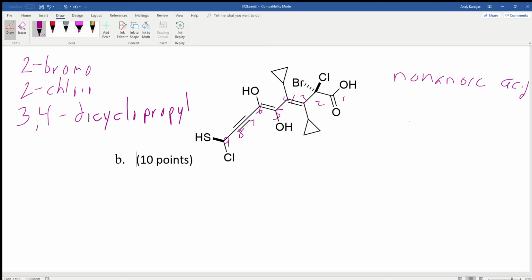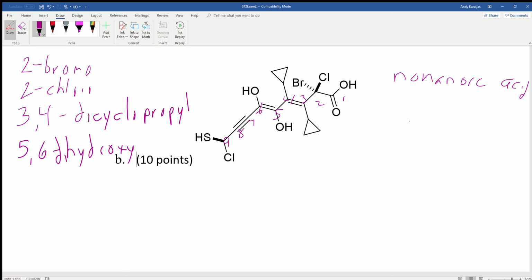At 5, as well as carbon 6, we have an alcohol group, but because we have the higher priority for the parent name from the carboxylic acid, we name those as substituents, so 5,6-dihydroxy.